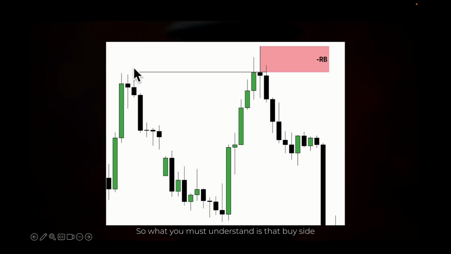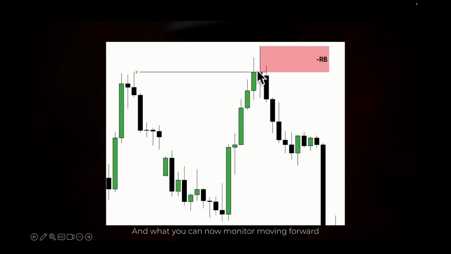So what you must understand is that buy-side liquidity is being taken out, and we begin to see the signs of a swing high formation taking place right here. Do you see how this down close candle right here has a very long wick between the open of this down close candle and the high of this candle? The range between these two reference points is your bearish rejection block.